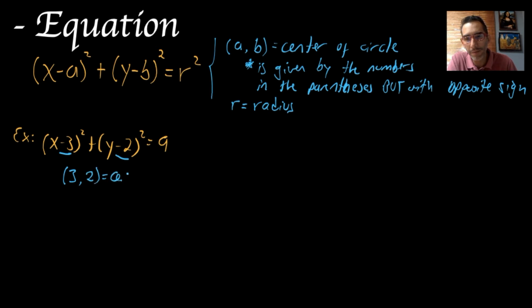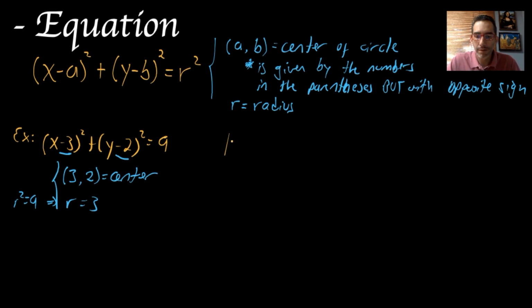So this is the center. And remember that this value, the 9, is equivalent to r squared. So r squared is equal to 9, and our big conclusion is that the radius of this circle will be equal to 3. This is our big conclusion whenever we analyze that specific equation. All right? Let's go with another example, just to be super clear.